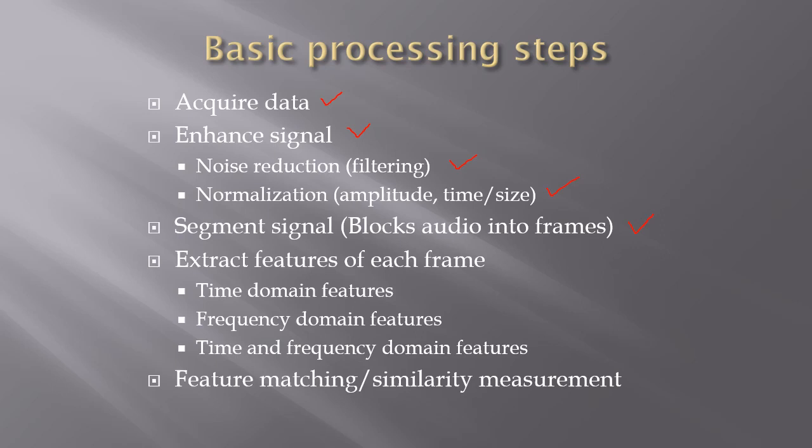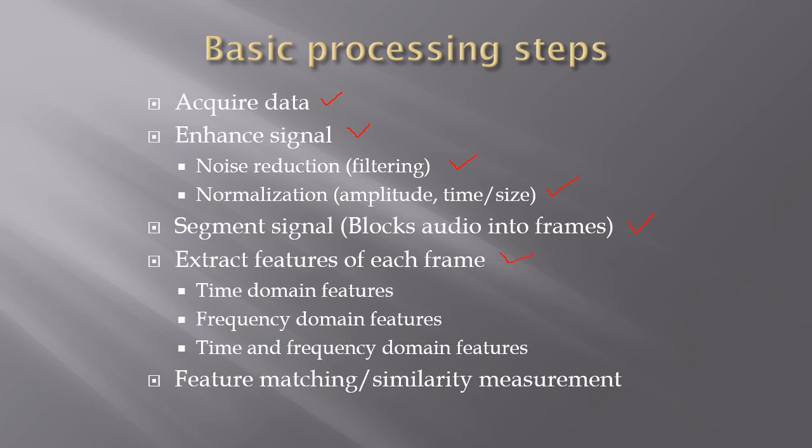Okay, so now you could imagine that if you have 1 second samples, 1 second means 1000 milliseconds. If your block size or frame size is 50 milliseconds, then 1 second of samples would be divided into 20 frames or 20 blocks. Then you would extract features of each frame.